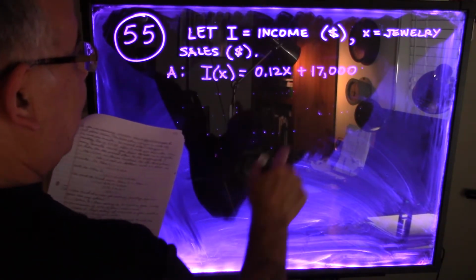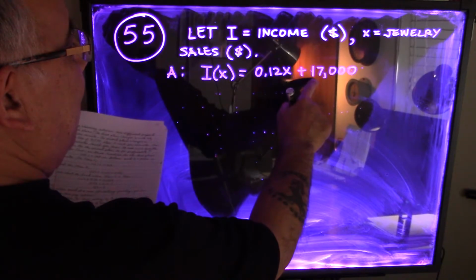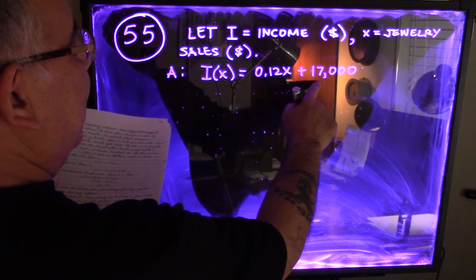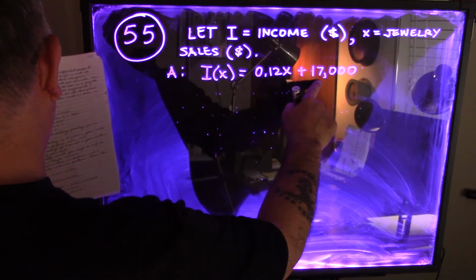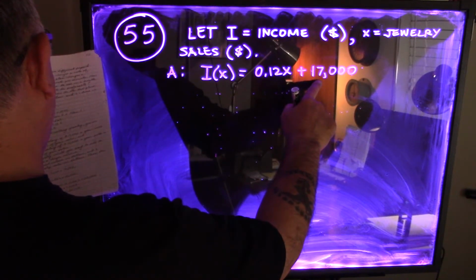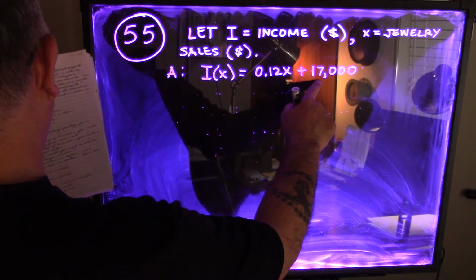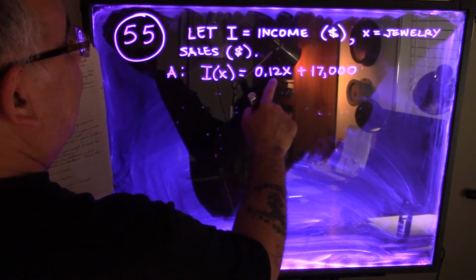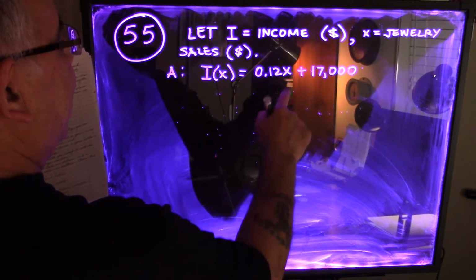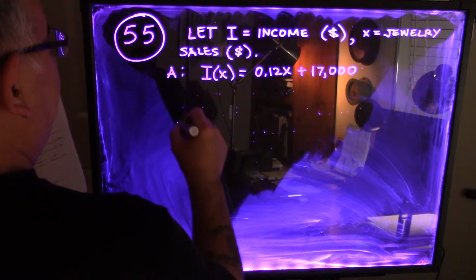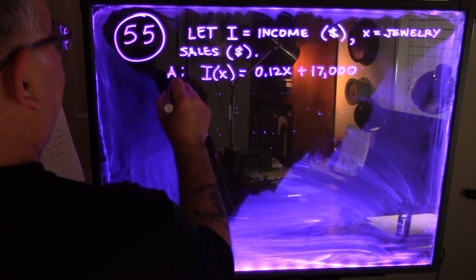Option A, base salary of 17 grand, that's a constant being paid to you. And then a commission of 12% of your sales, so there's your 0.12 of your sales x, whatever that is in dollars. So there's function A.